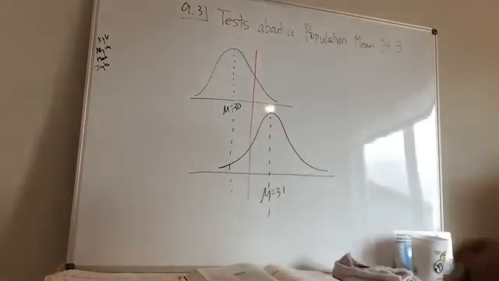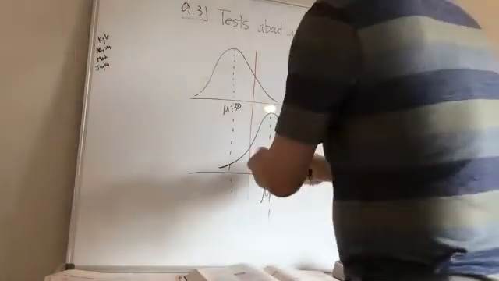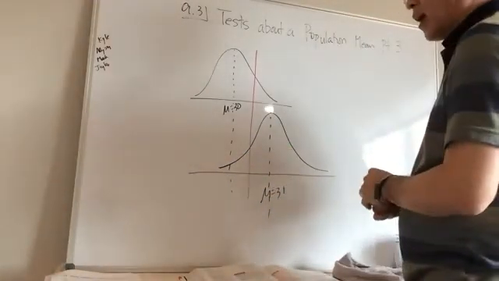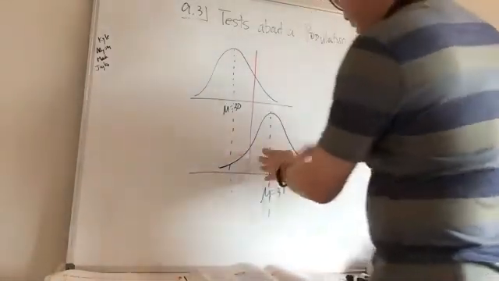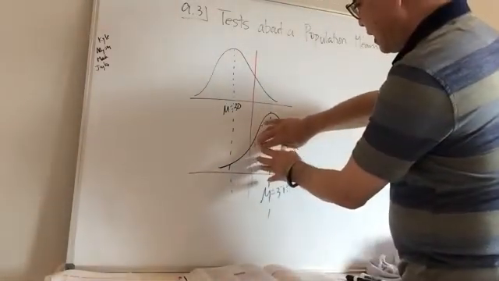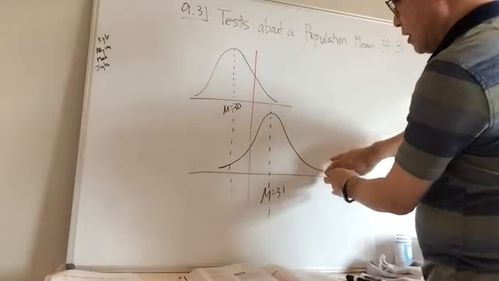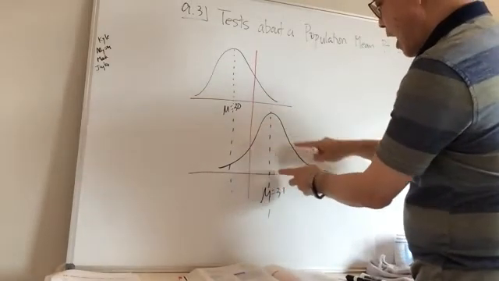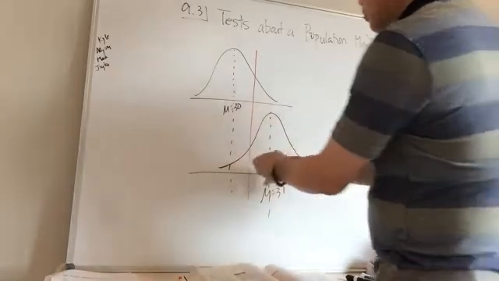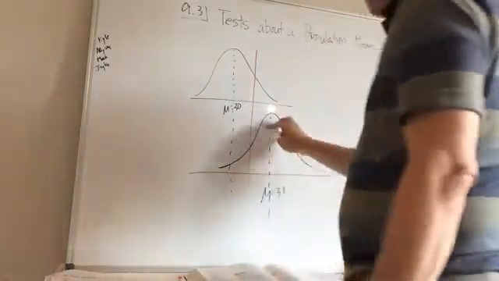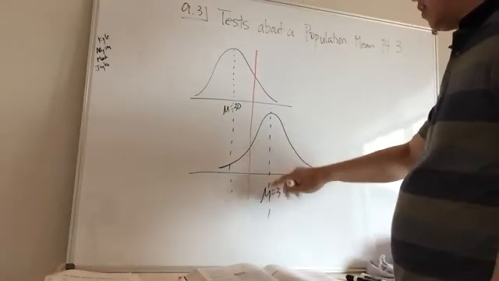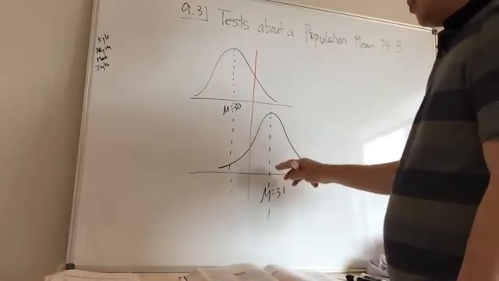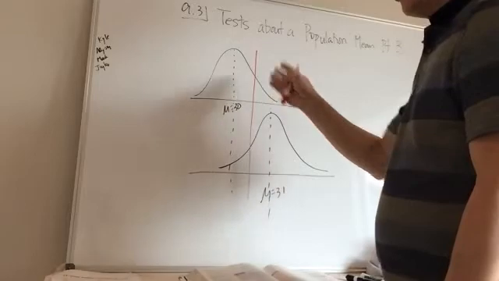So let's look at the Ha first. In the Ha, everything from here on out is going to be your power of the test, because you actually have found that there is convincing evidence for the Ha, and you are going to reject the Ho.